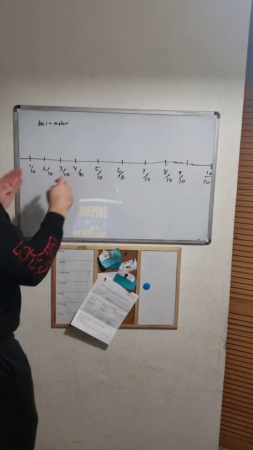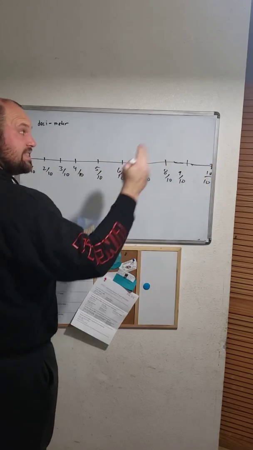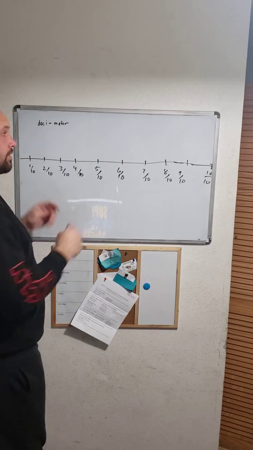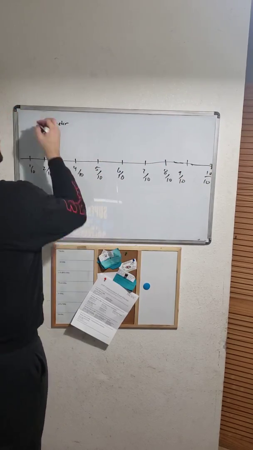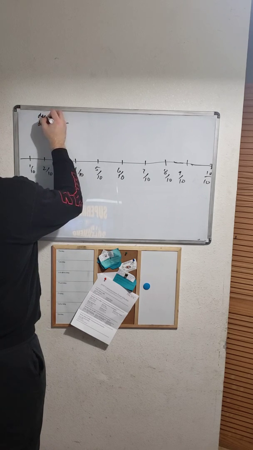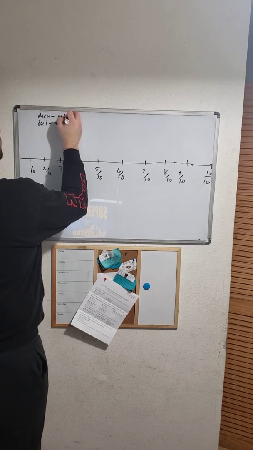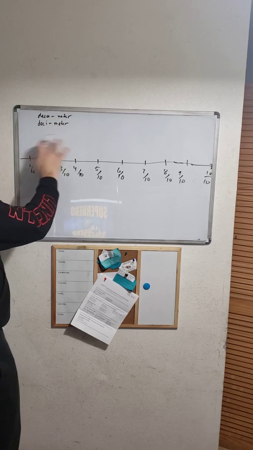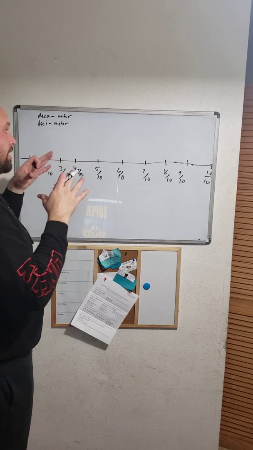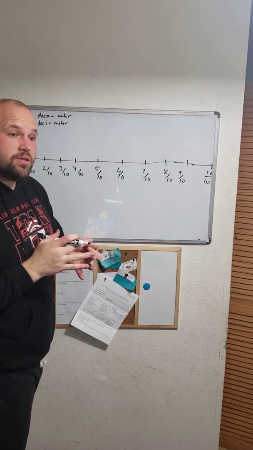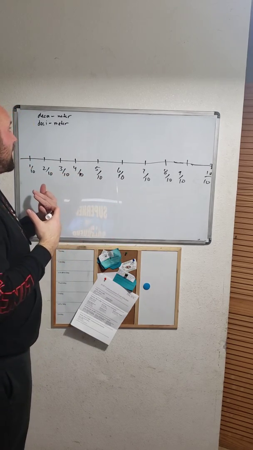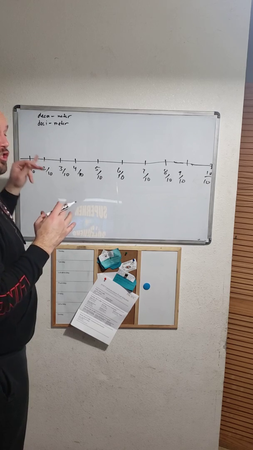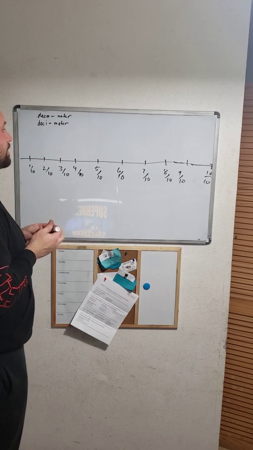If we had 10 of these meters, 1 meter, 2 meters, 3 meters, 4 meters, if we had 10 of them, we'd actually have a decameter. And there's lots of different names for different fractions or multiples of meters, but these are just two that we're talking about right now.